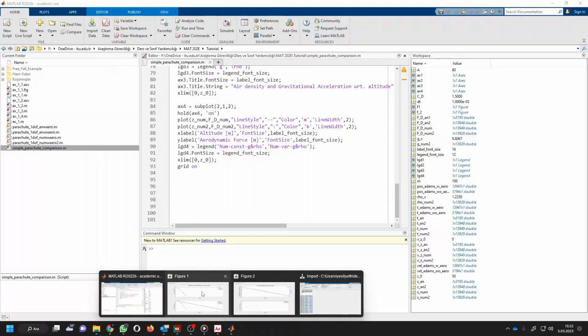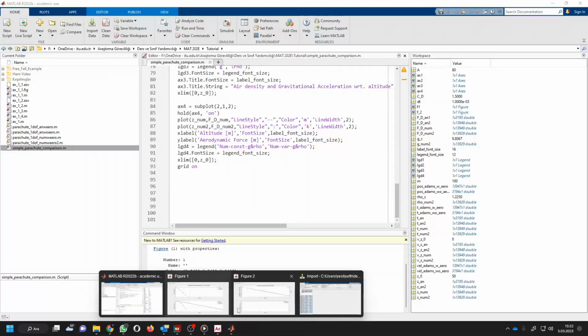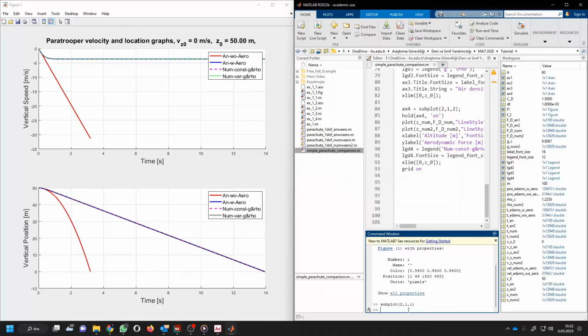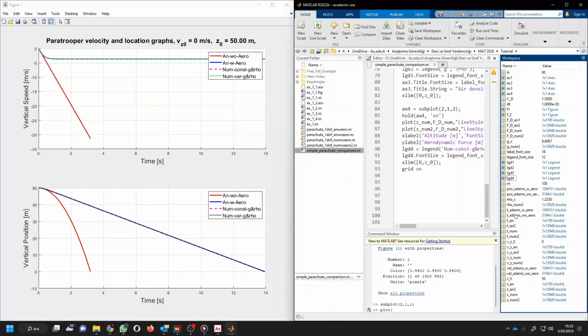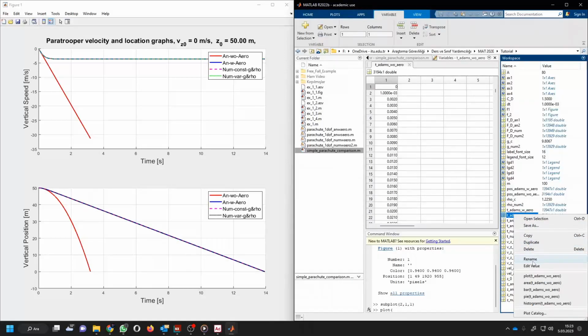Now go to F1, subplot 2, 1, 1. Here plot t_adams without aero. Let me copy the name from here.